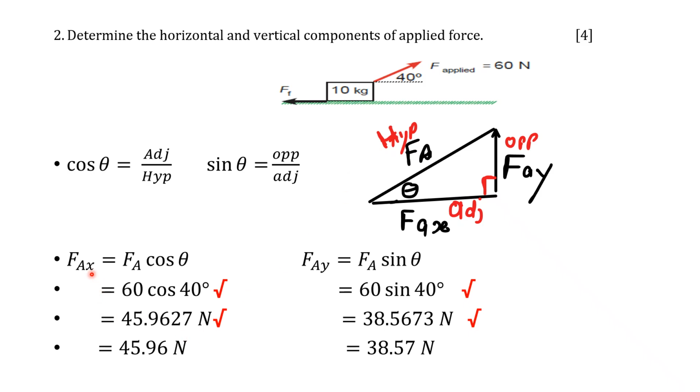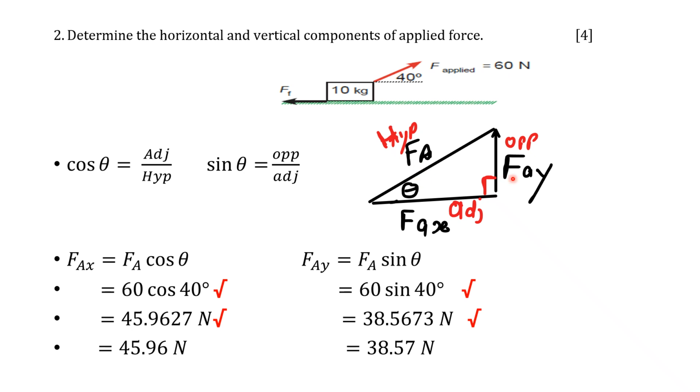Whenever we want the horizontal component, it will always end up being cos, because horizontal is adjacent over hypotenuse. So FAX would equal FA cos theta. FAY, that is opposite, as you can see, over hypotenuse. Opposite over hypotenuse is sine.